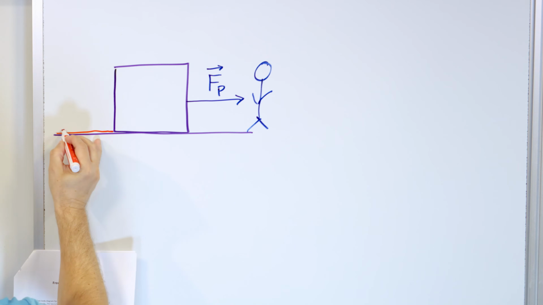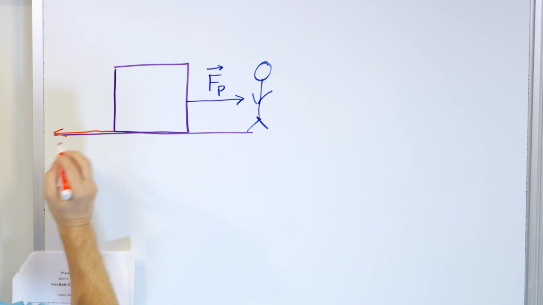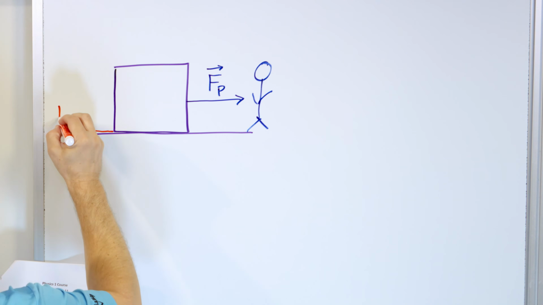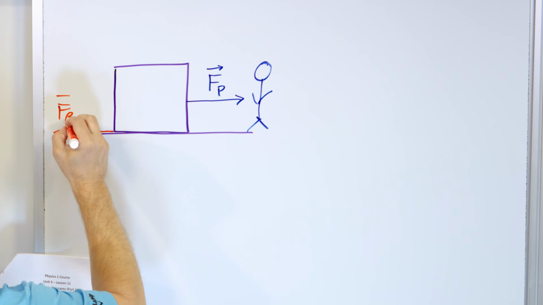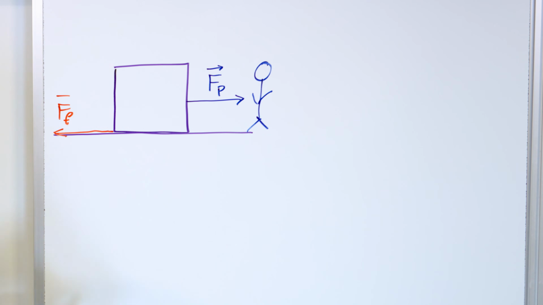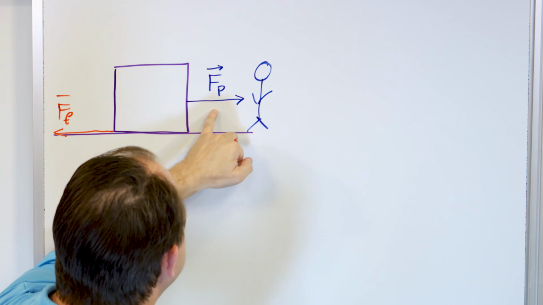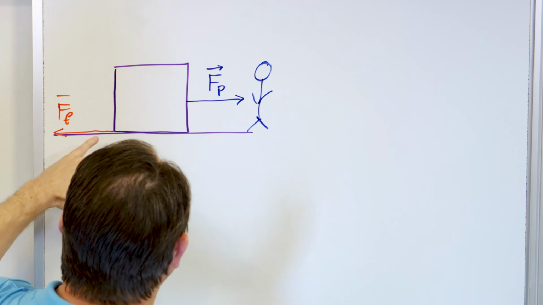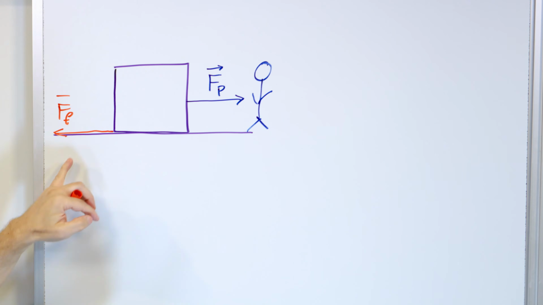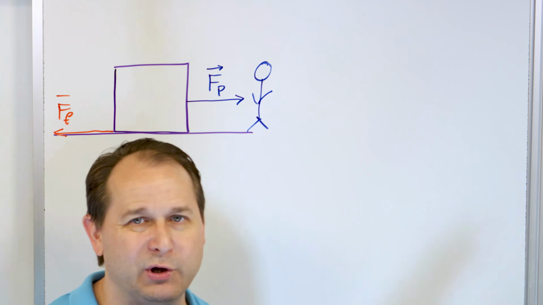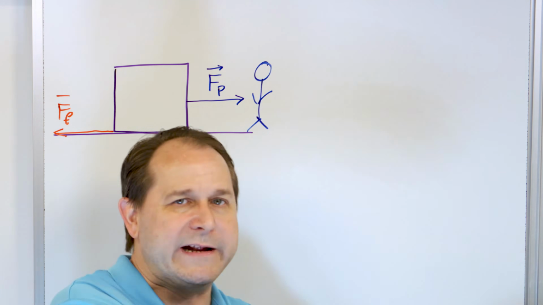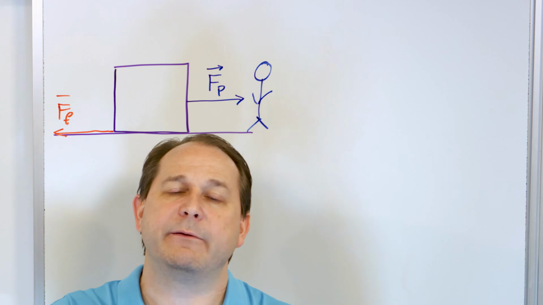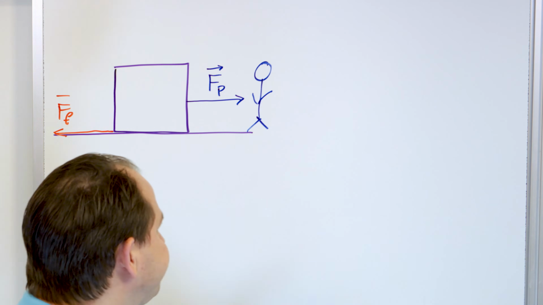So you could draw a little arrow very close to the ground down here to represent friction, and you could call that F sub lowercase f, which is the frictional force. And I've drawn the frictional force in the opposite direction, still horizontal, but in the opposite way of the pulling force. The frictional force cannot be in the same direction as the pulling force, otherwise it would accelerate it, and that is not going to happen. It has to be in opposition to the pulling force.